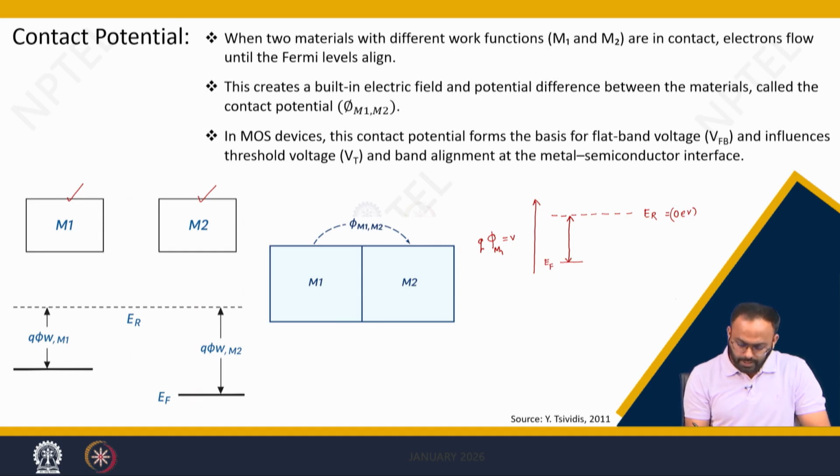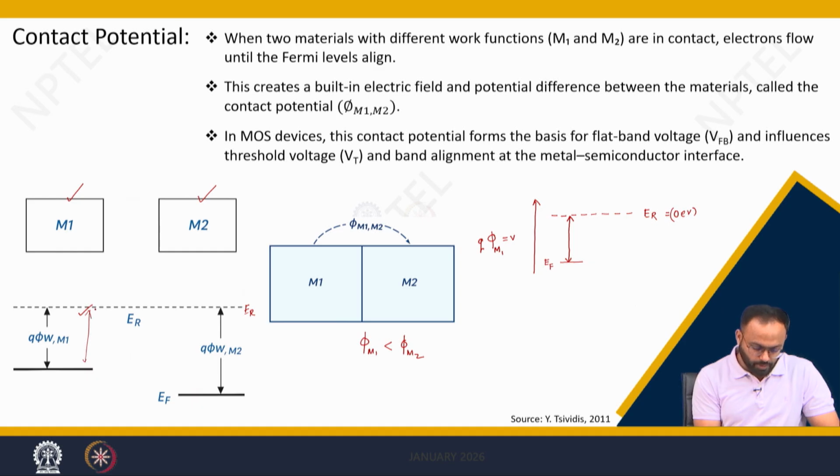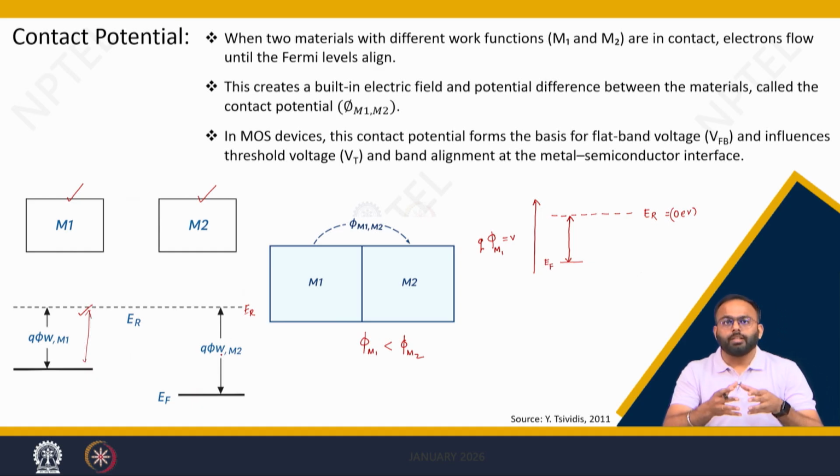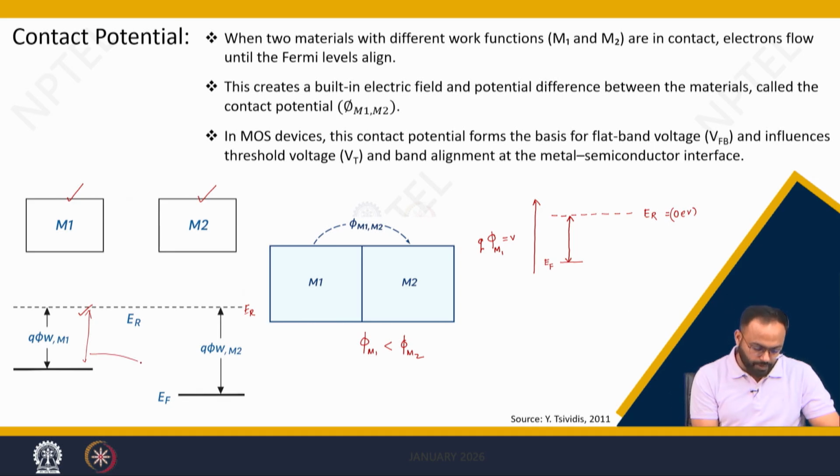In this case, let us consider that the work function of m1 is lesser than the work function of m2, which is shown here, because with respect to reference energy ER, this height is smaller compared to this height. Once you join these materials m1 and m2, what will happen? The electron will go from m1 to m2, and this flow will continue until a potential exists between m1 and m2 such that the flow stops and equilibrium is established.